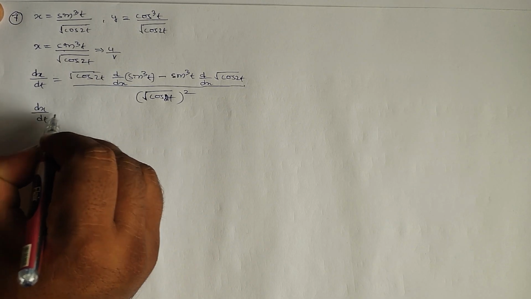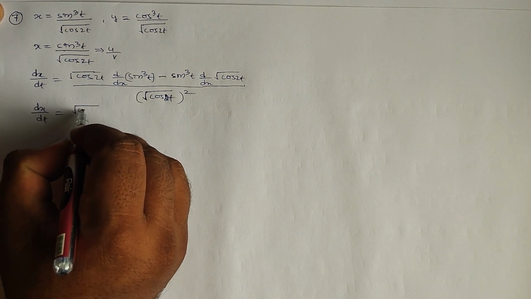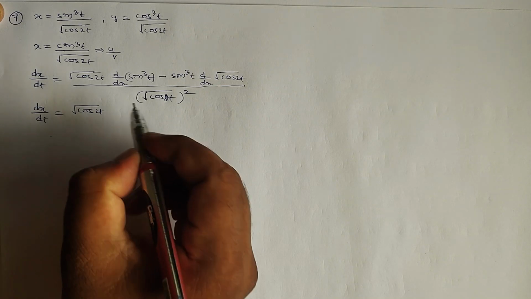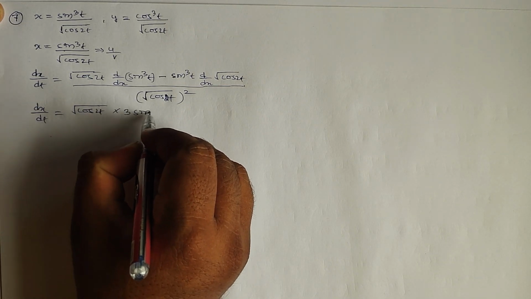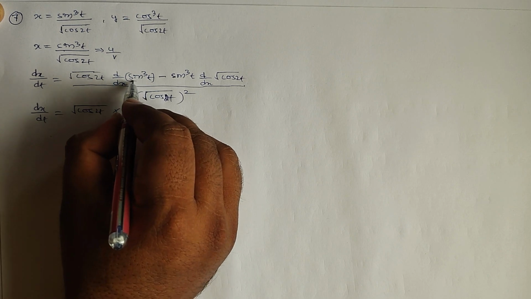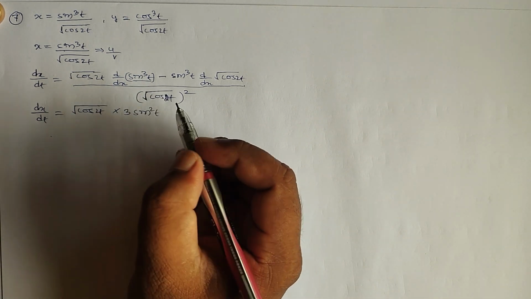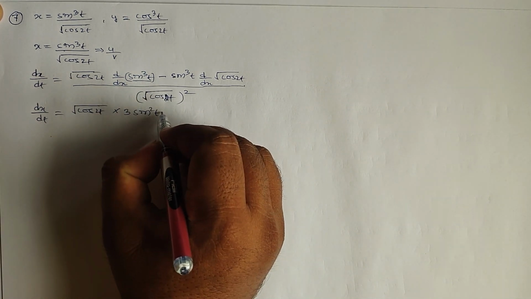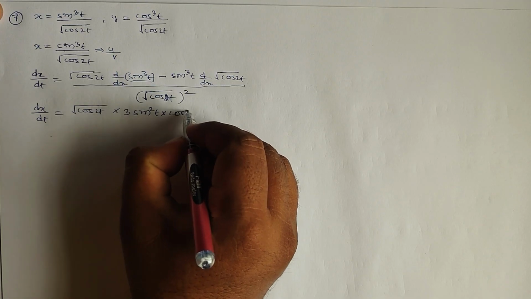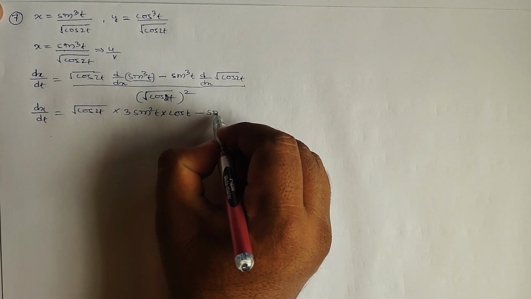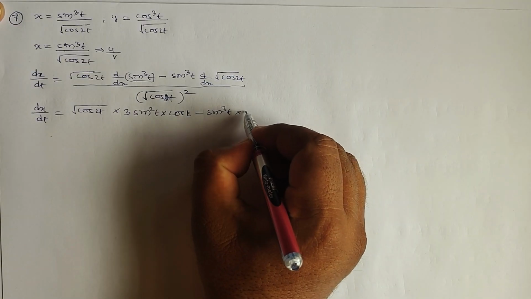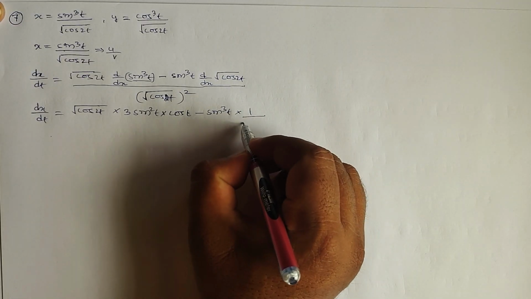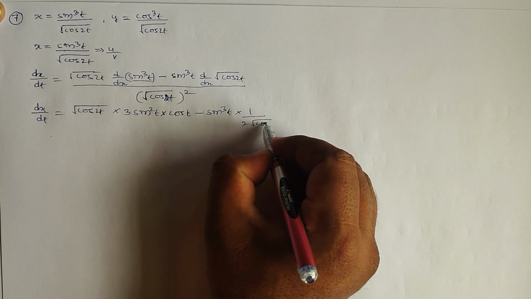Next, dx by dt equals root cos 2t, and the derivative of x cube is 3x square, which means 3 sin square t. Here x cube, but there is no x, in the place of x there is sin. Again the derivative of sin t becomes cos t by chain rule. Minus sin cube t as it is, and derivative of root x is 1 by 2 root cos 2t.